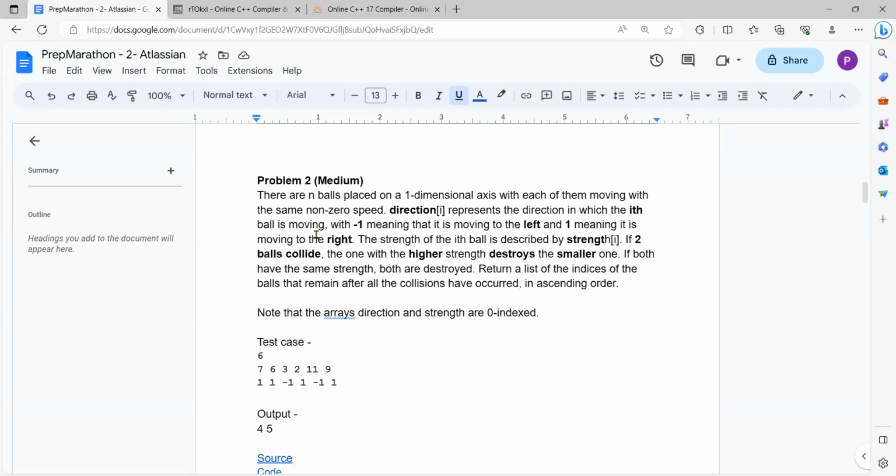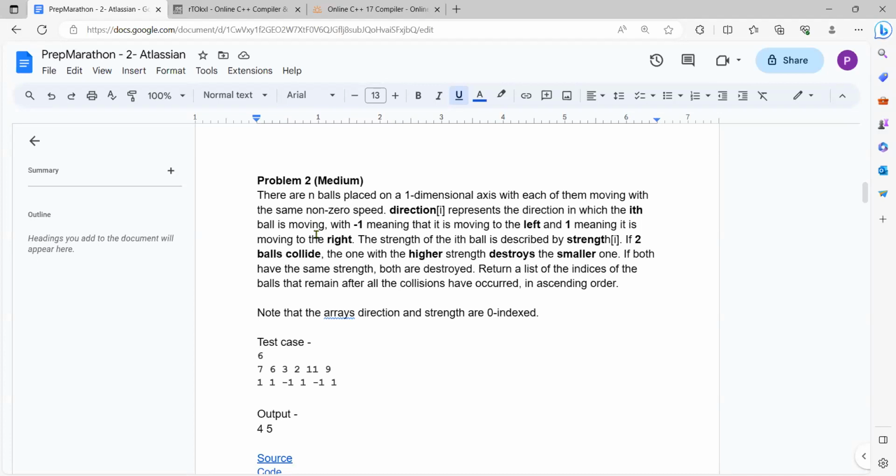The problem statement is: there are n balls placed on a one-dimensional axis, each of them moving with the same speed. So there are multiple balls in one line, moving with the same speed. Direction i represents the direction in which the ith ball is moving, given in the array direction.